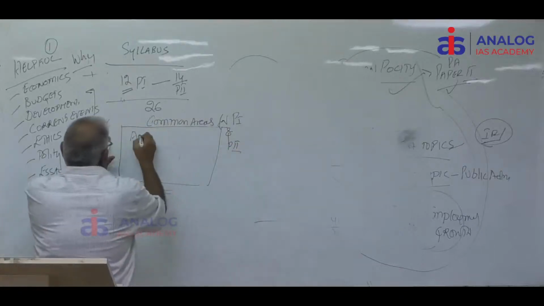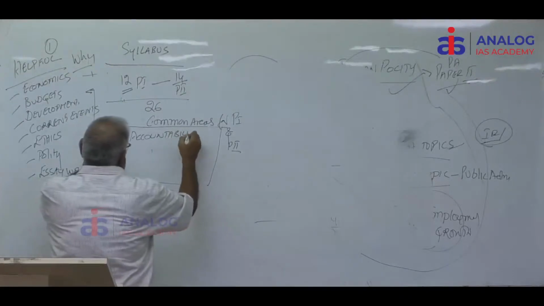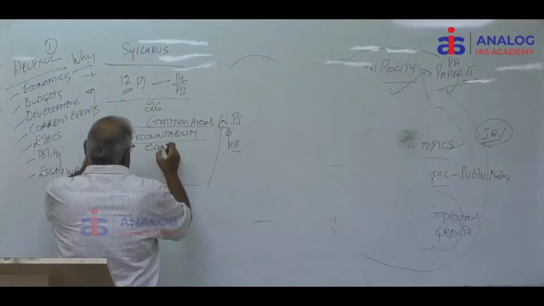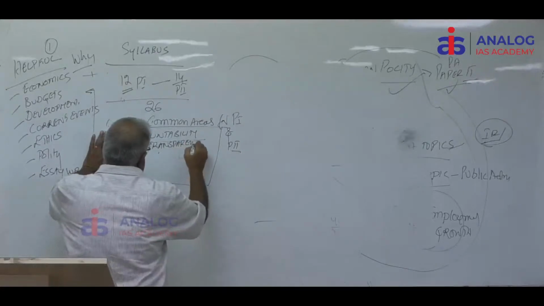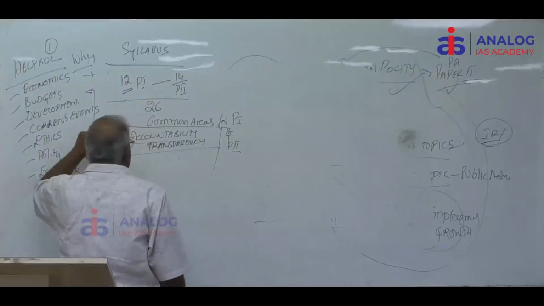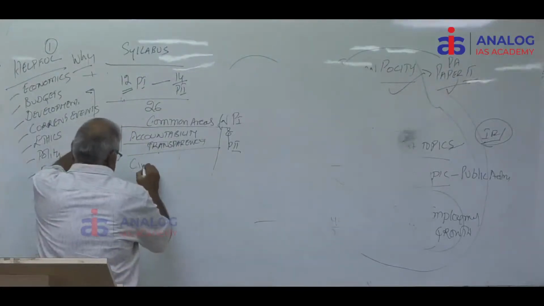For example, there is a chapter called accountability, e-governance, etc. Accountability, transparency, etc. They all come in paper 1. Second, you have a topic called civil services.